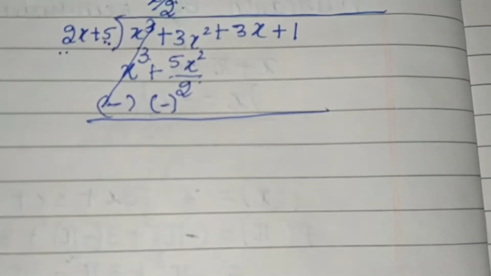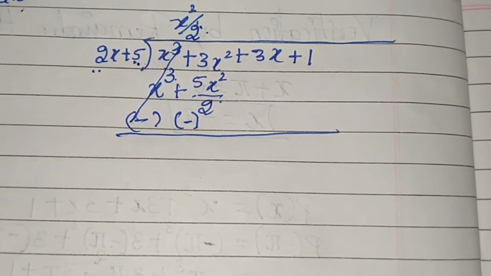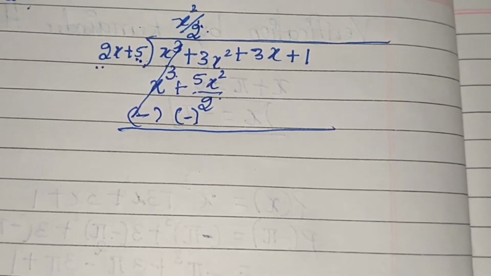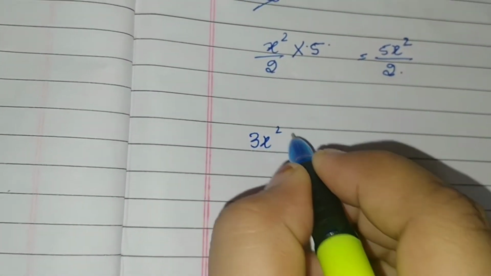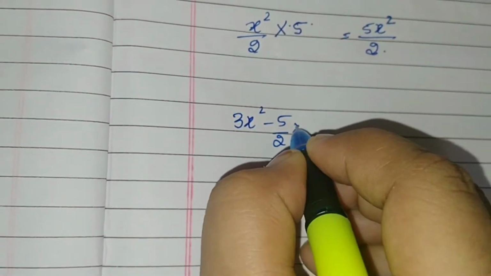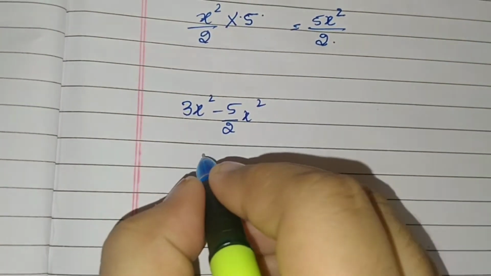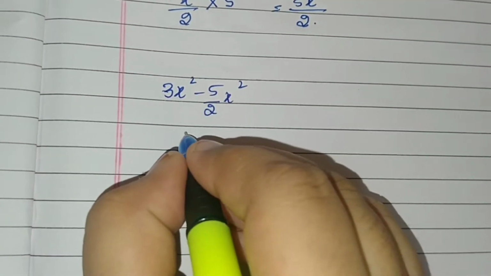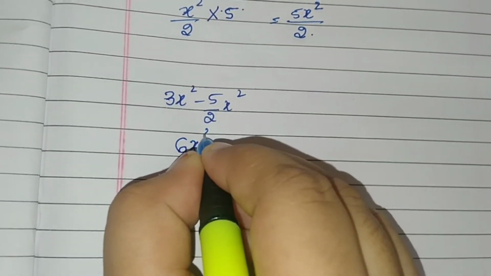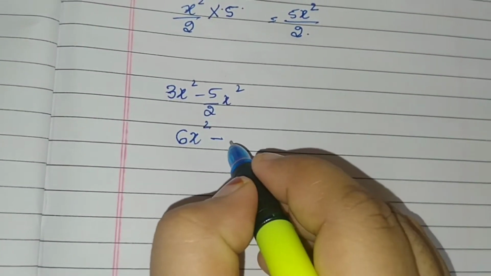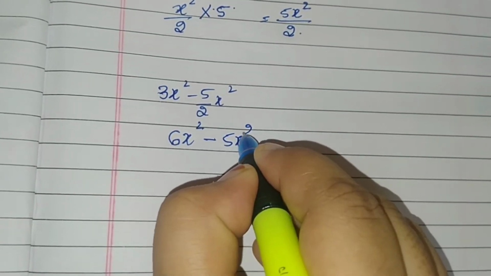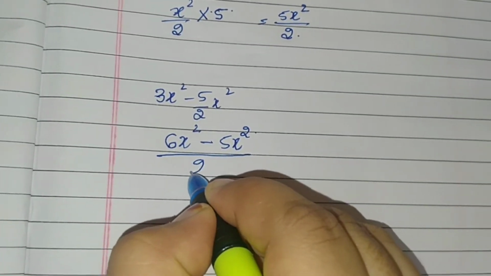Now the numbers you have to consider are 3 and minus 5 by 2, isn't it? So 3x square minus 5 by 2 x square. Consider the numbers: 3 2s are 6, cross multiplication, minus 5x square divided by 2.